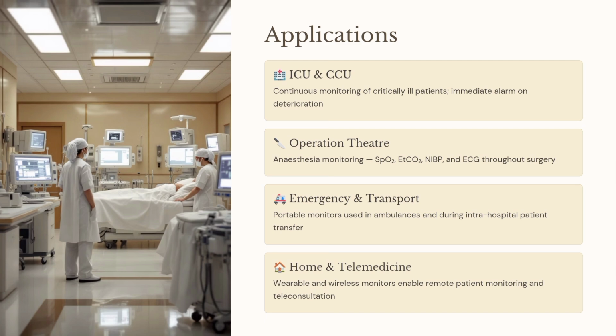And in emergency situations and ambulances, portable monitors help doctors to track the patient during transport. And finally, in home care and telemedicine, modern wireless monitors allow doctors to monitor patients remotely. So these devices play a very important role in both hospital and home healthcare.